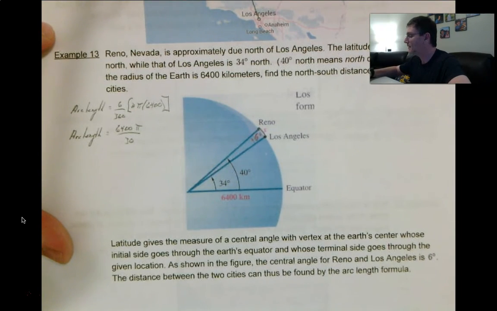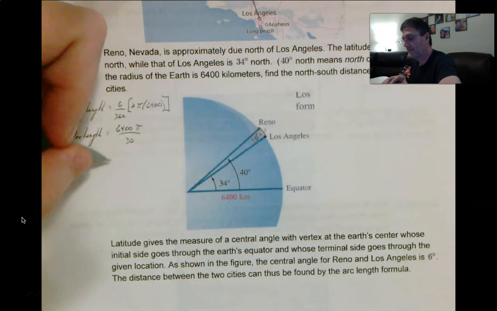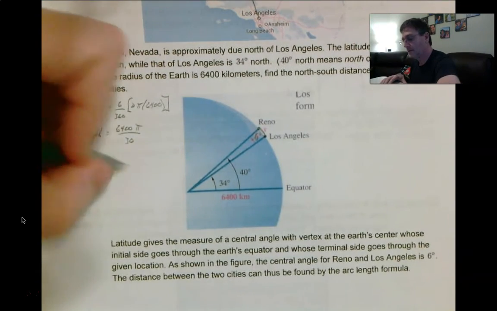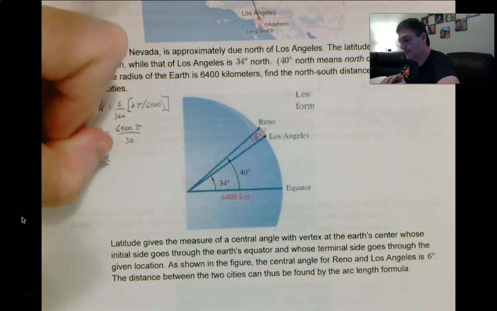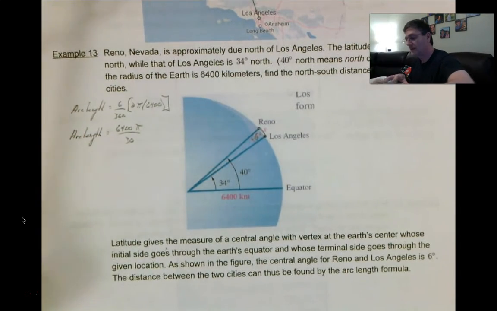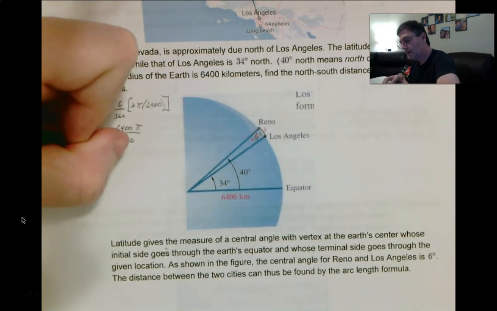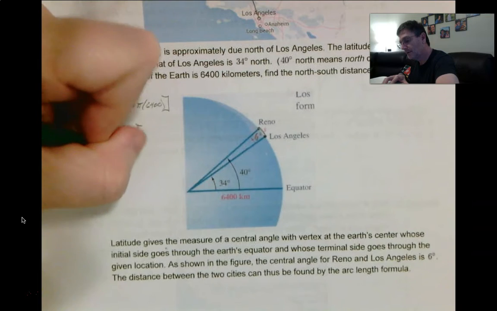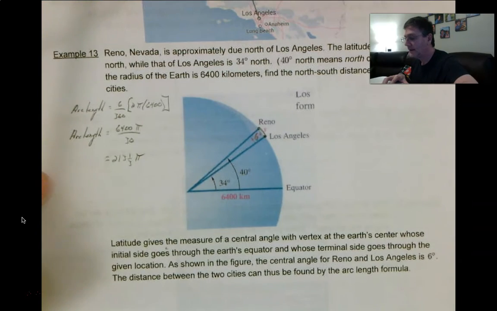64 does not divide by 30. Let's do it exact, 213 1/3 pi.